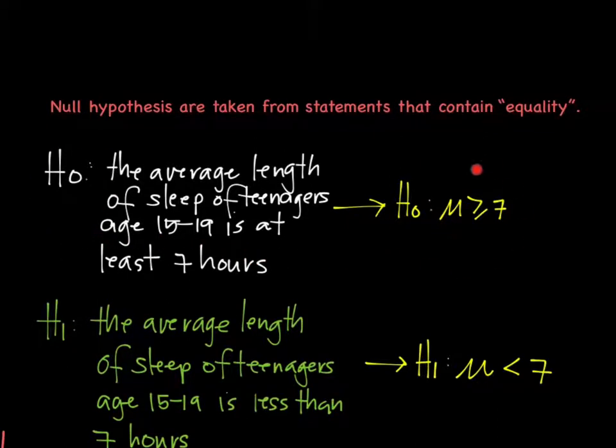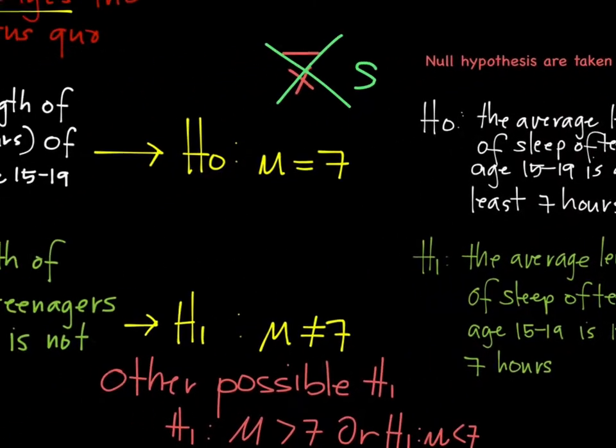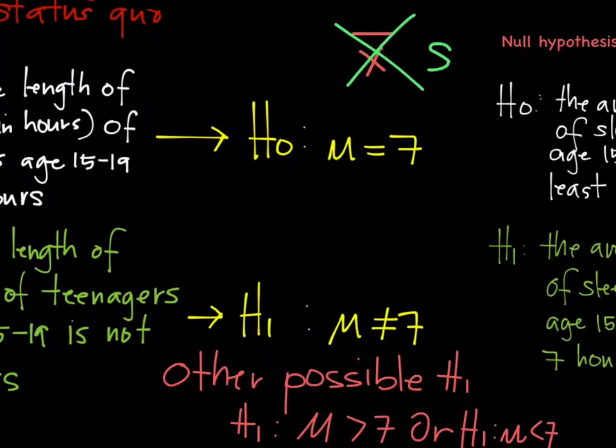Now, what will challenge this null hypothesis that has a greater than or equal to 7? Then there's just one possible option, and that is the opposite or the reverse of greater than or equal to 7, which is less than 7. So this is opposed to my first example in which you have the equal sign. When you have the equal sign, it could have three possible alternative hypotheses.